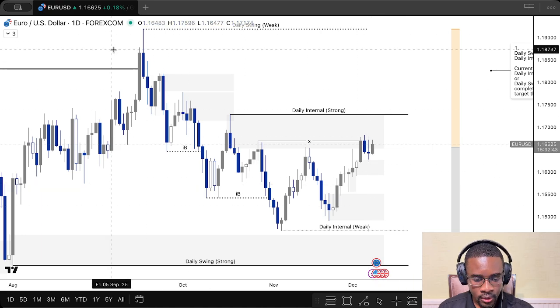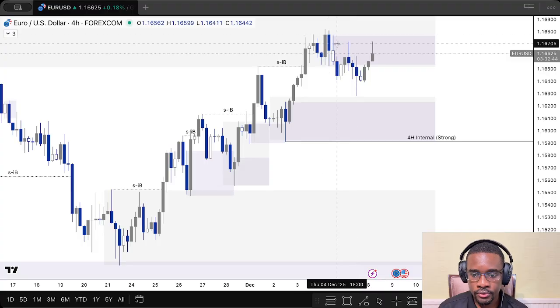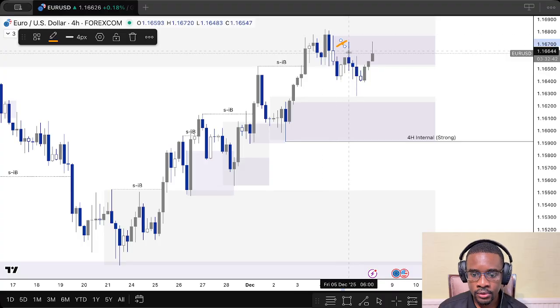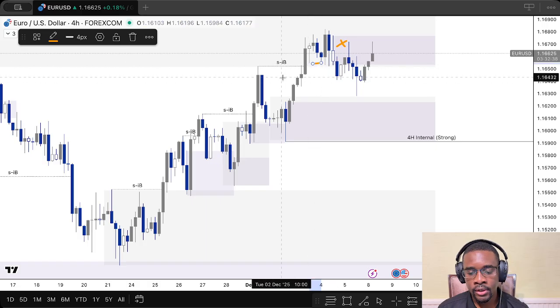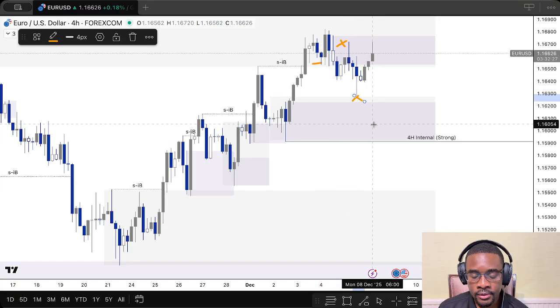Looking at the 4 hour, we had this POI that was newly created, as a result of a choke right over there. I marked this POI and said we're expecting price at least to come and mitigate this newly created daily demand, even though it's a fractal demand area.